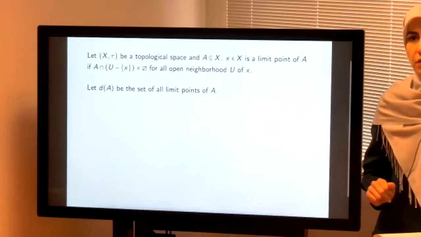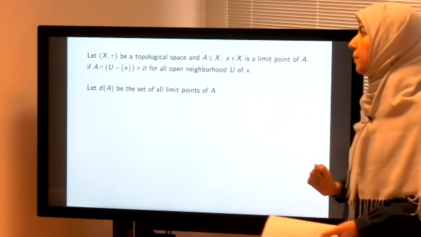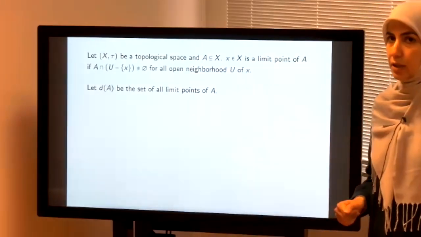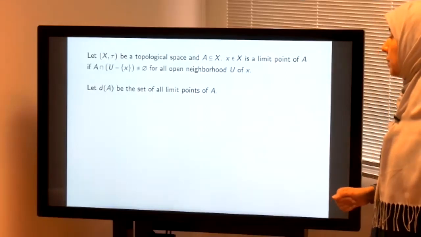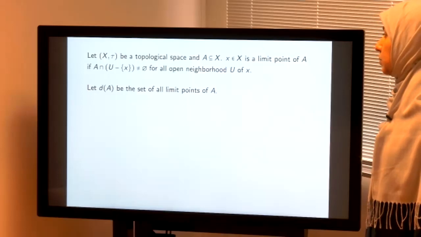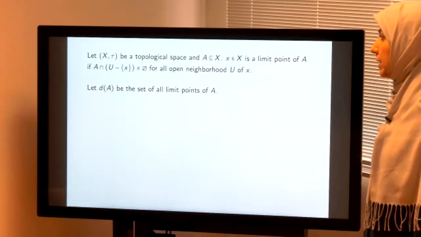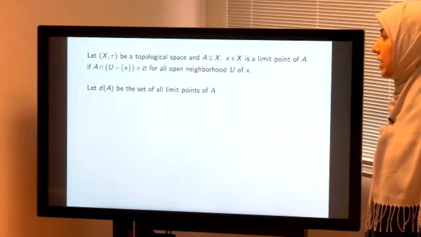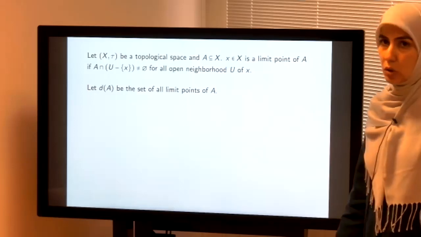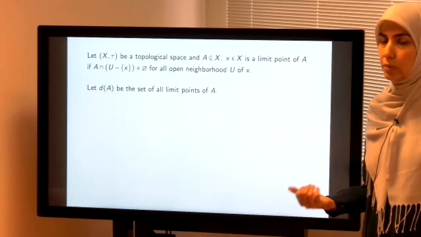Let's first review the topological notions. Let X be a topological space and A a subset of X. The point x in X is a limit point of A if A has a non-empty intersection with U minus x.